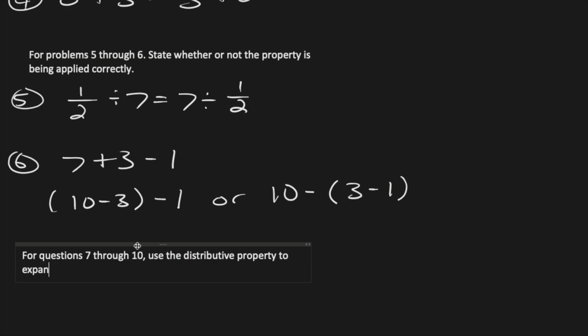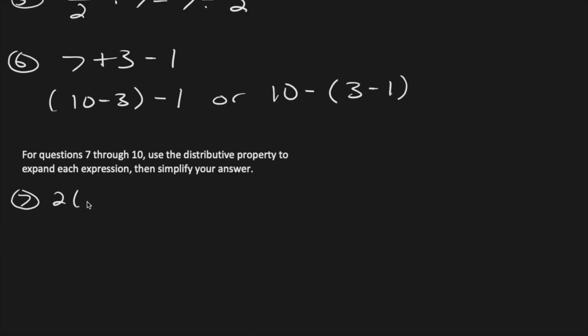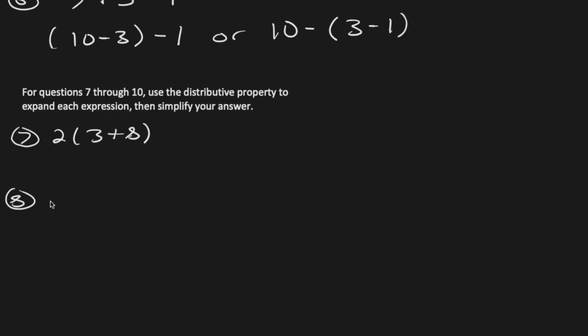For questions 7 through 10, use the distributive property to expand each expression, then simplify your answer. So for 7, 2, open parentheses, 3 plus 8. For 8, do 5 times n minus m times 12 is equal to mn minus 12m.